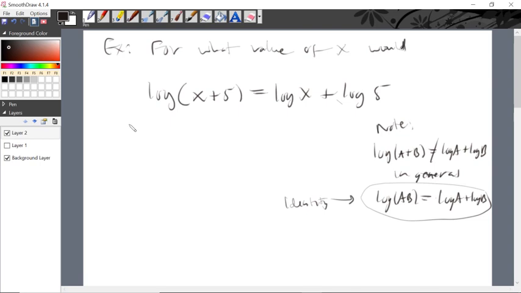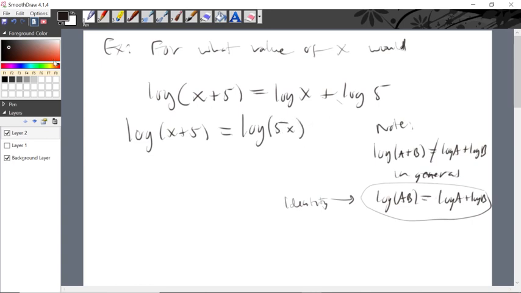Well, one way we can find it is by setting both sides equal to an expression, a single term, with a single logarithm of the same base. The left-hand side is already a single-term logarithm, the log of x plus 5. The right-hand side we can write using this law right here as the log of 5 times x.